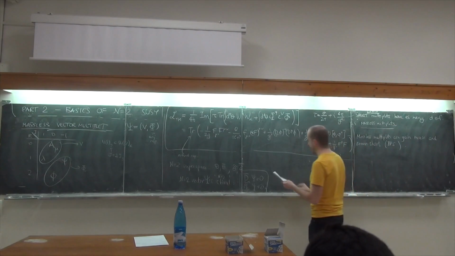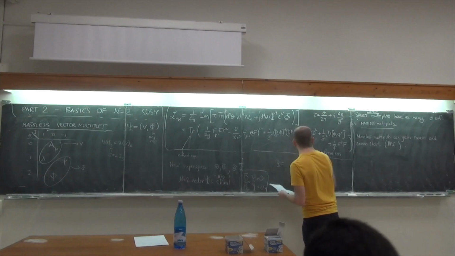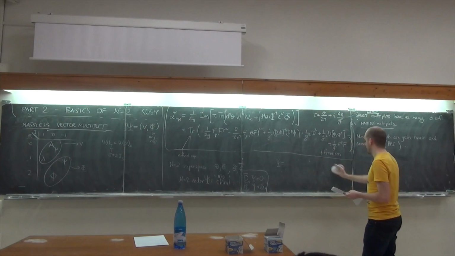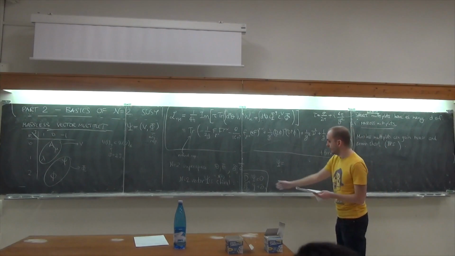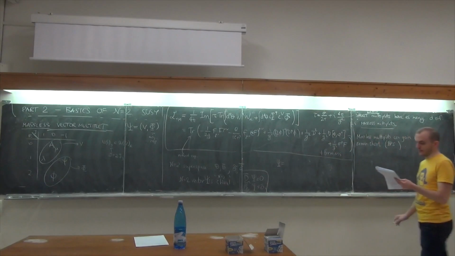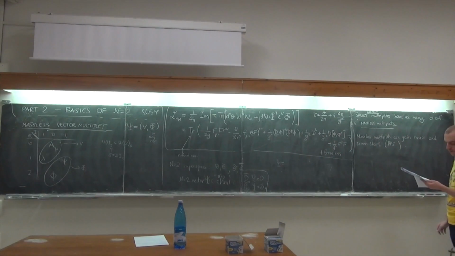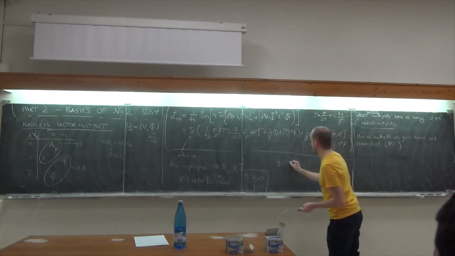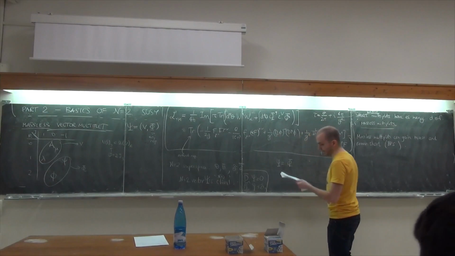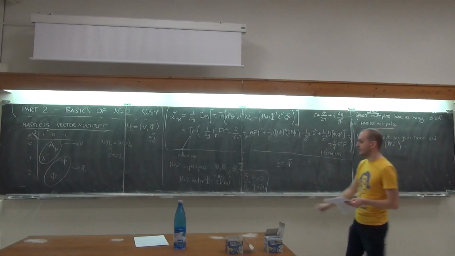So in particular, you can expand the N=2 chiral in the same way that you expand the N=1 chiral in components. So let's expand using the theta tilde.